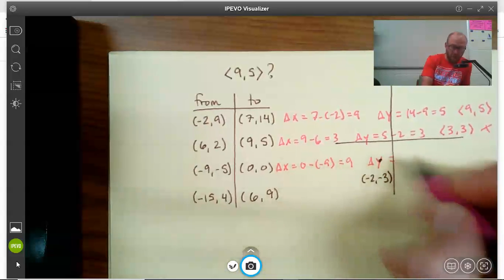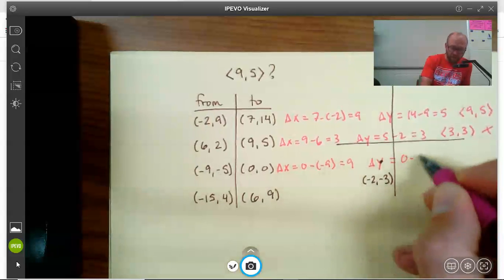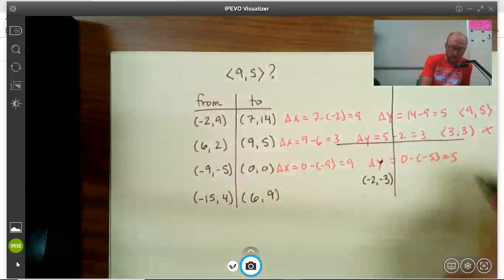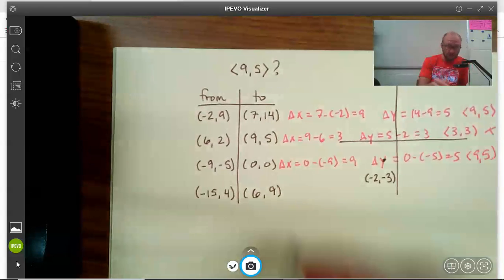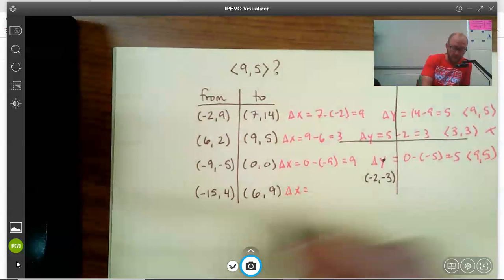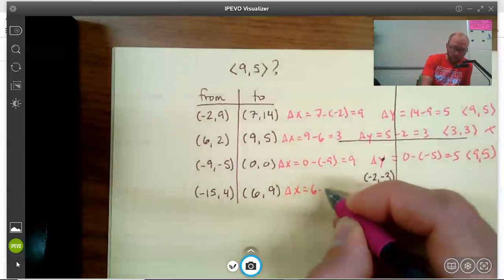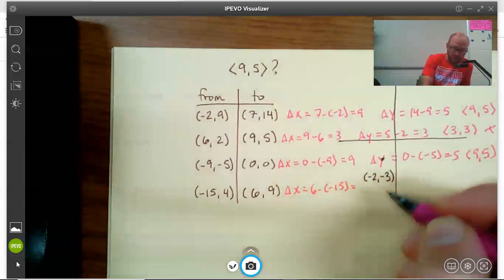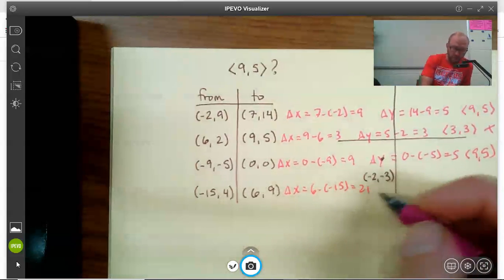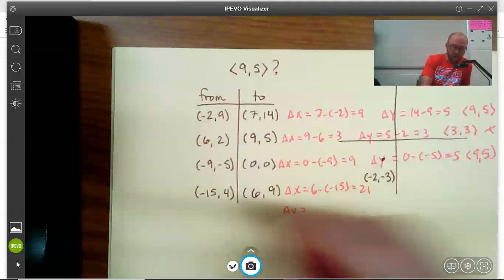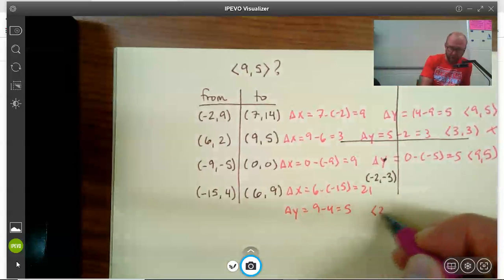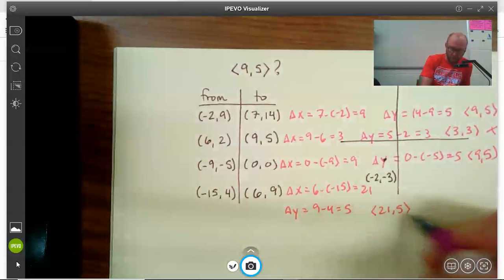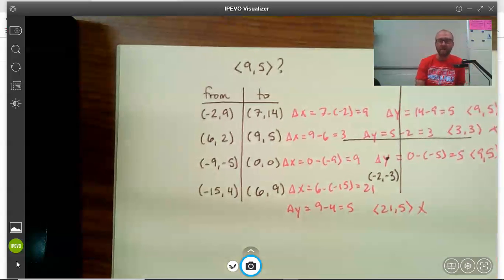And our change in y is 0 minus -5, which is positive 5. So this represents the vector ⟨9, 5⟩. So check. And the last one, we have 6 minus -15, which is 21. And our change in y is 9 minus 4, which equals 5. So this represents the vector ⟨21, 5⟩. So not the ⟨9, 5⟩ that we were looking for.